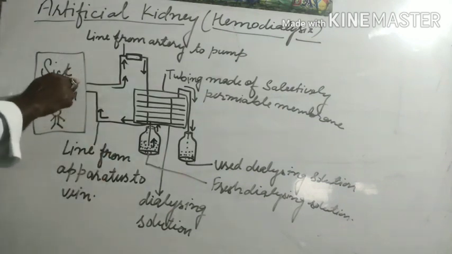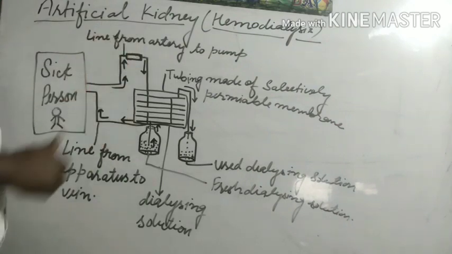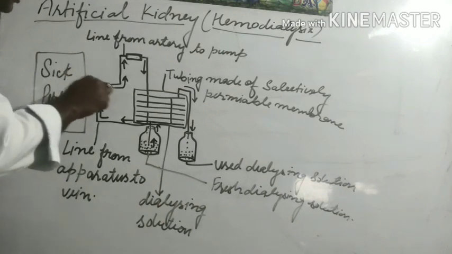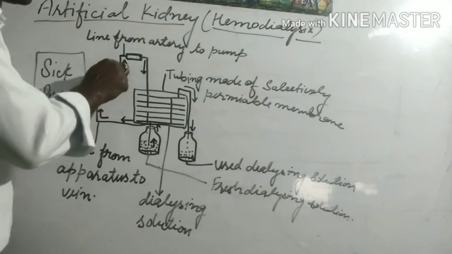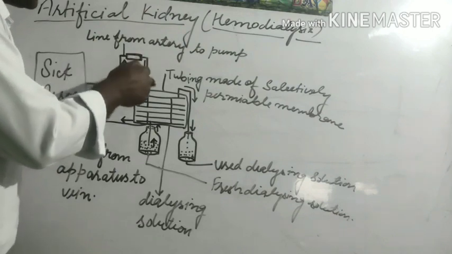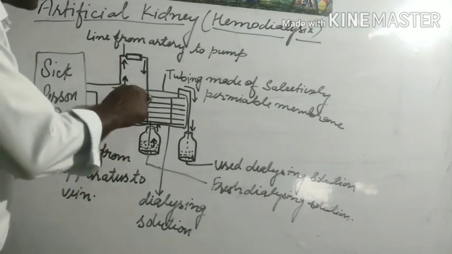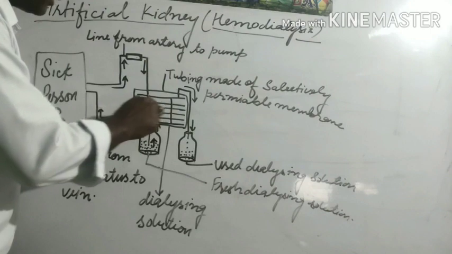First of all, what happens? We know that the artery carries blood from the heart to different parts of the body. The artery is connected with this tubing, and it carries the blood into this tubing, and from here it passes through the many tubes.